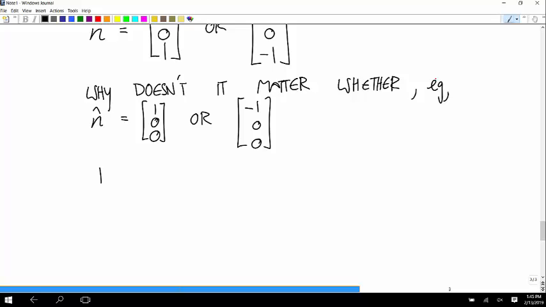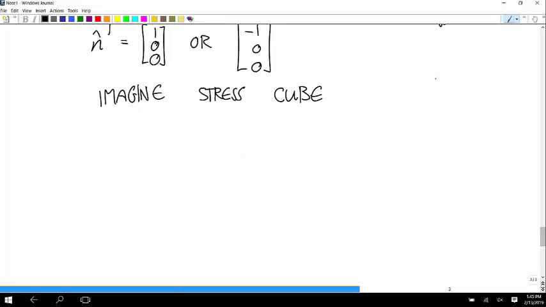So imagine a stress cube. I'm just going to make up some arbitrary stress cube. Okay, so let's say that this is 5. Let's say that this is 2. That means this is 2.